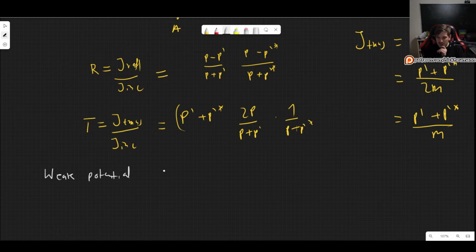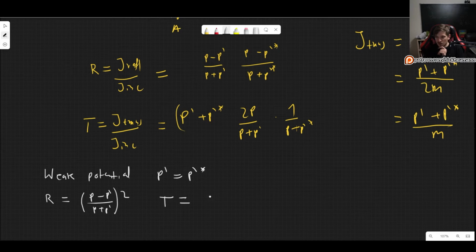In that case, keep in mind, P prime is real, so P prime is the same as P prime conjugate. So the reflection coefficient is going to be, if P prime and P prime conjugate are the same, simply P minus P prime over P plus P prime, squared.